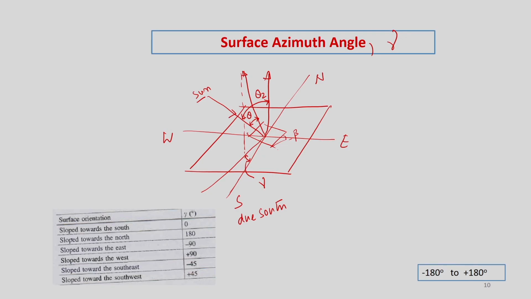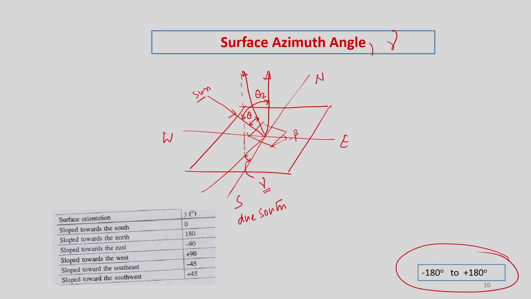So, this is the normal of the inclined surface, and this is the projection. This angle is gamma, the azimuth angle. This angle is very, very important because most of the time we are going to use this gamma for our calculations, and the variation of gamma can be seen, it is minus 180 to plus 180.